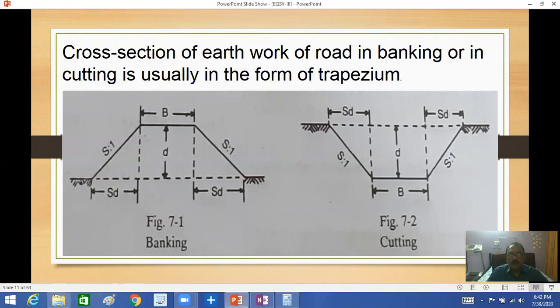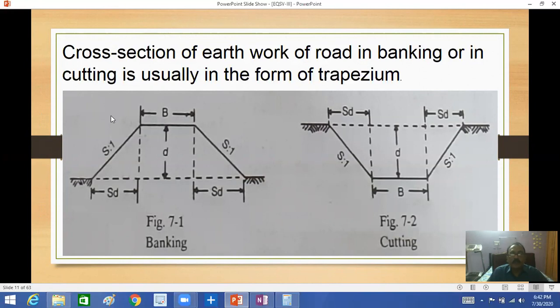And what are lead and lift? These are important terms. If the lead is more than 30 meters, it is normal, and for every 30 meters you have to add an extra rate. The height, or depth, is 1.5 meters to lift the earth soil from the construction place.